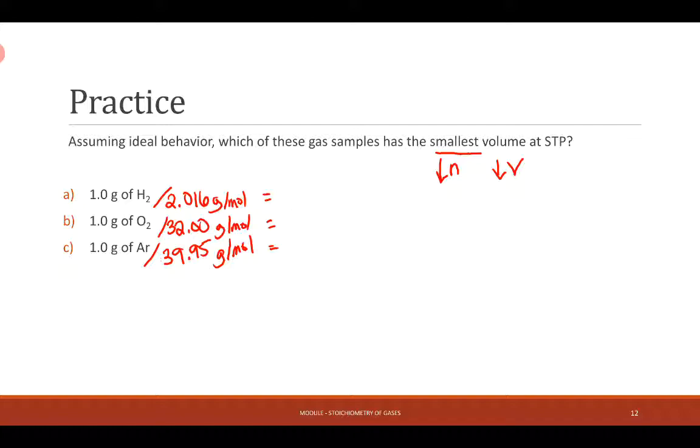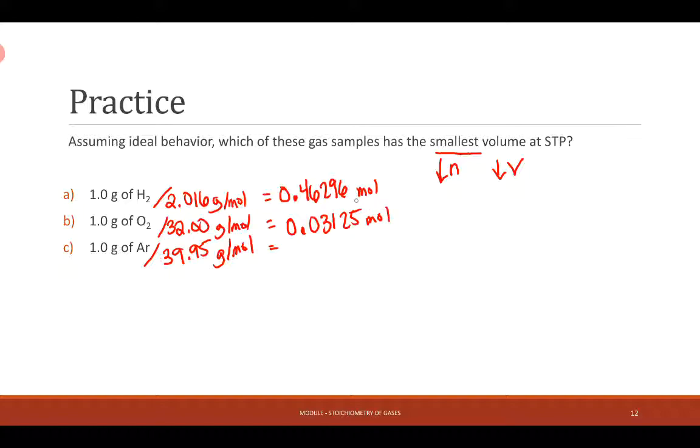And so which of these has the smallest moles? So this is 0.46296 moles. That's pretty small. This is 0.03125 moles.